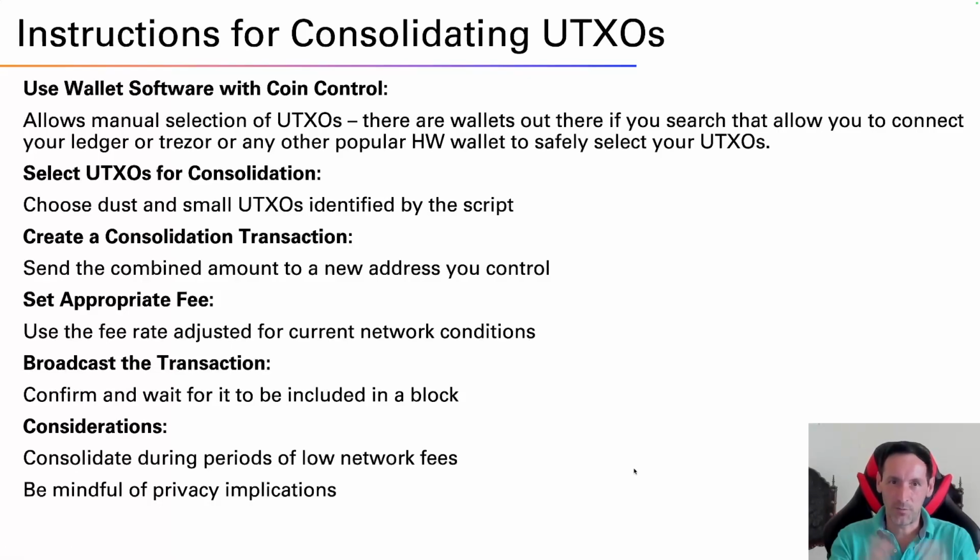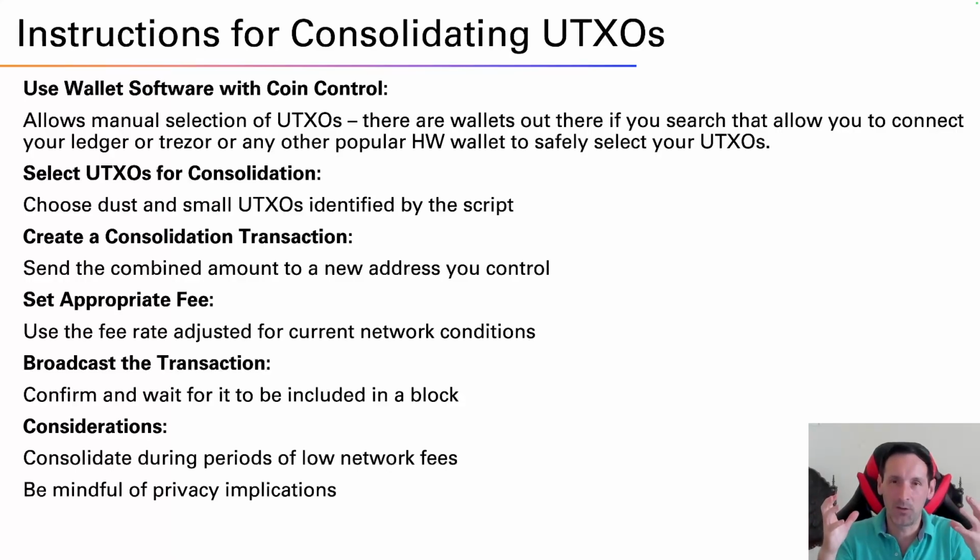So, what are the instructions for consolidating your UTXOs? You should use wallets that have coin control. There are some wallets out there that you can search on Google, for example Bitcoin wallet, coin control, UTXO, and you will find a few, as I did, that allow you to connect your Ledger or Trezor or any other popular hardware wallet to safely select your UTXOs for spending them, and then send them to one of your addresses.